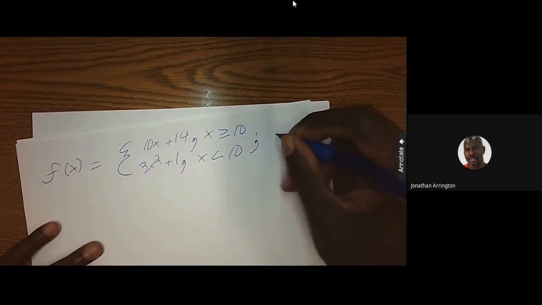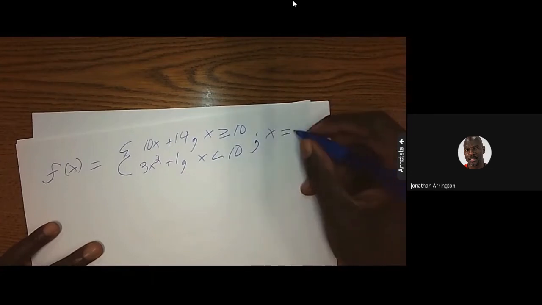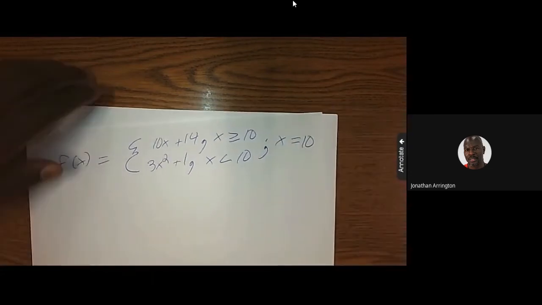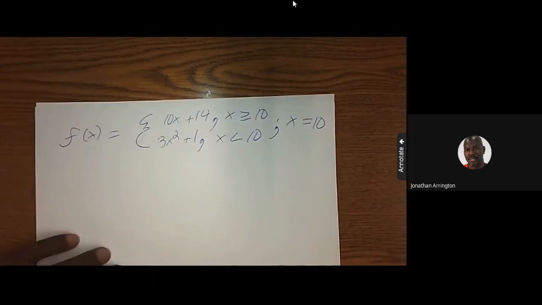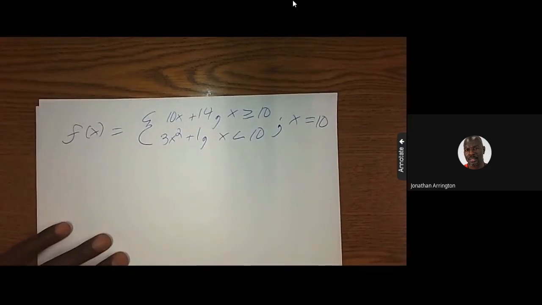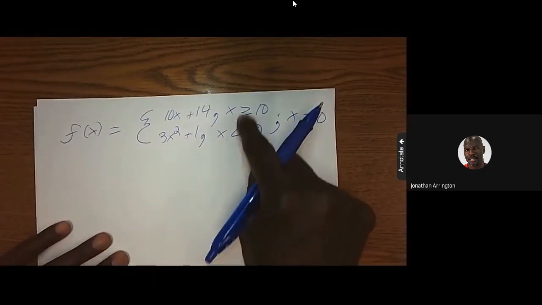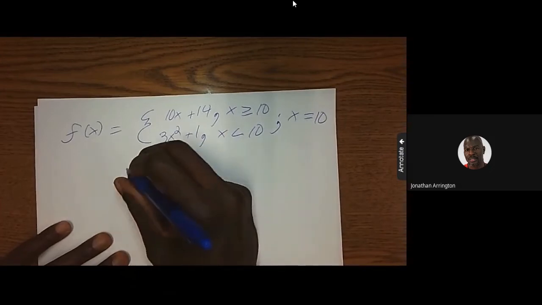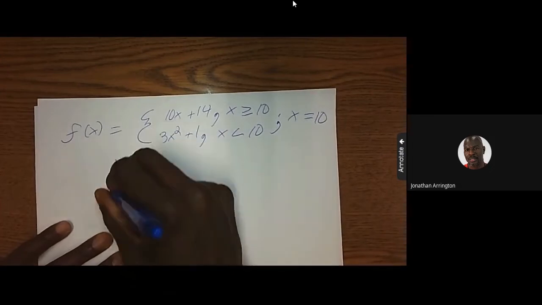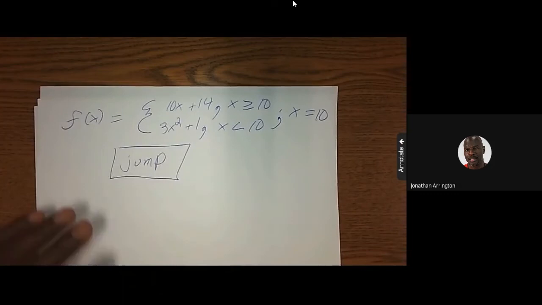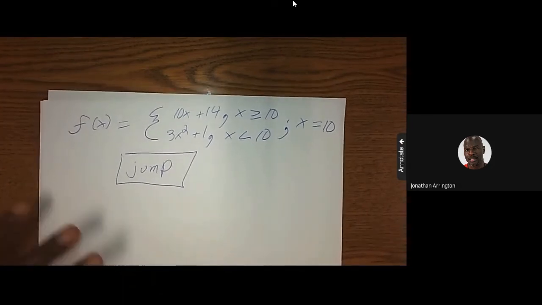And they're going to say check continuity at x equals 10. So when I see a problem like this, they ask me to check the continuity. I look at the symbols and I write jump. That simple.